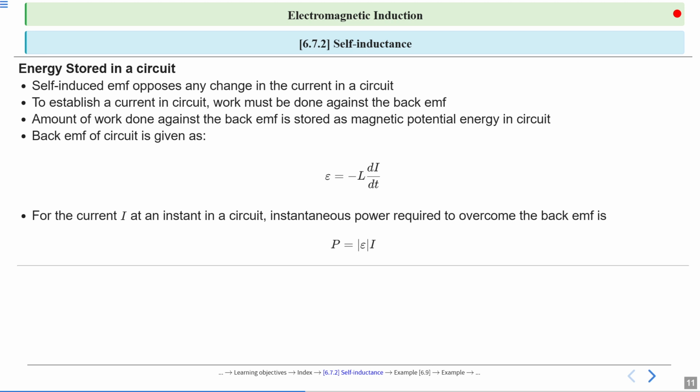So we have to provide the external power equal to that induced power, so that the effect can be nullified. So we have to do the work against the back EMF, to establish a steady current. So for any instant there is current I in the circuit, so instantaneous power required to overcome the back EMF will be P equal to epsilon I.